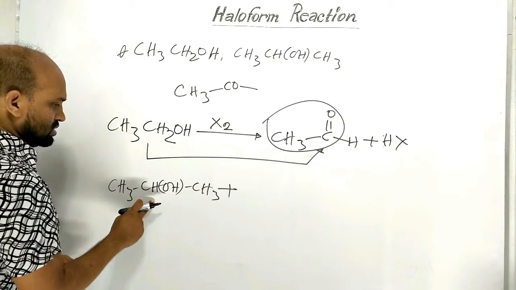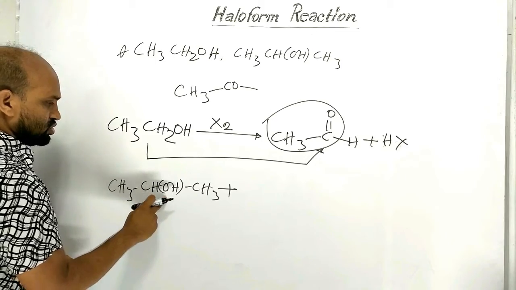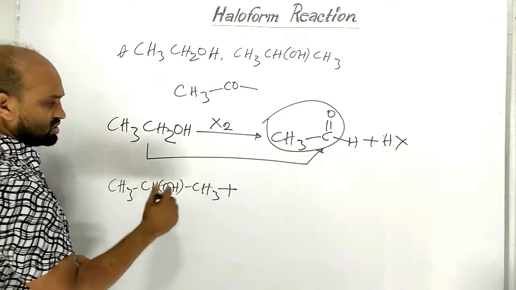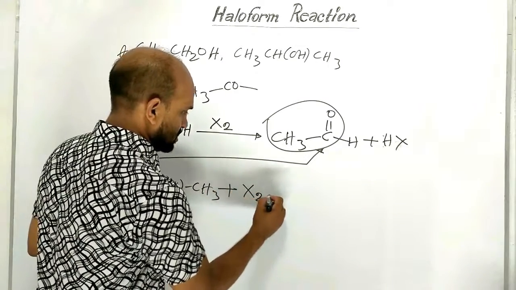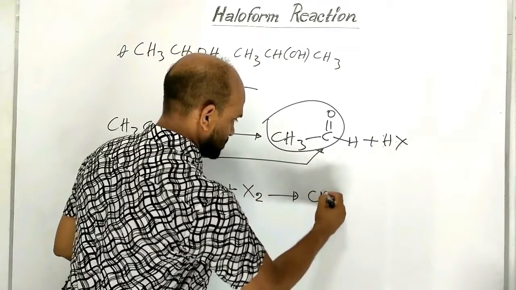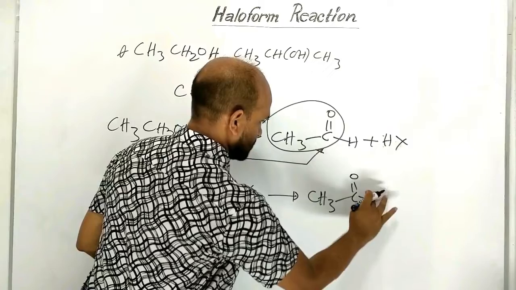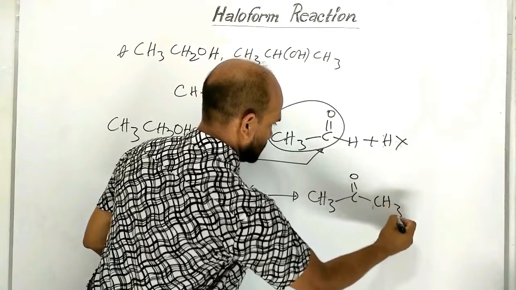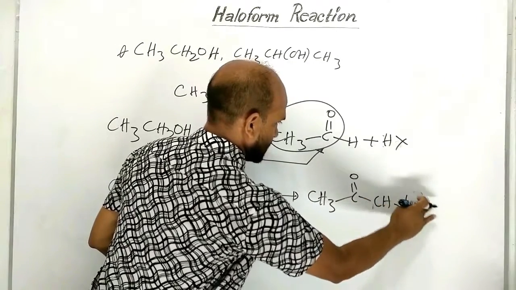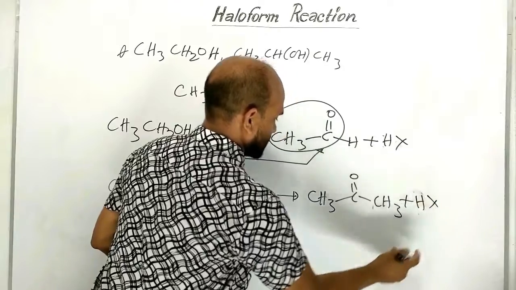Similarly, this alcohol, 2-hydroxypropane or secondary alcohol, reacting with halogen forms ketone, and hydrogen halide is formed as byproduct.